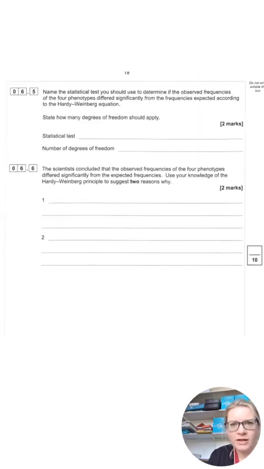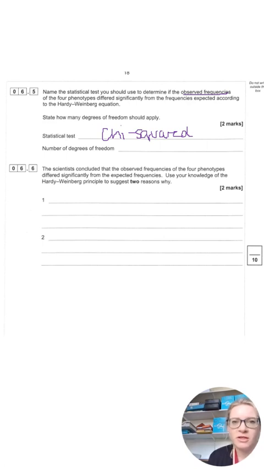Okay, finally, name the statistical test to determine if the observed frequencies differ from those expected. That should automatically make you think chi-squared. How many times an individual falls into a particular category, and then comparing those numbers with how many you would expect, that is chi-squared.